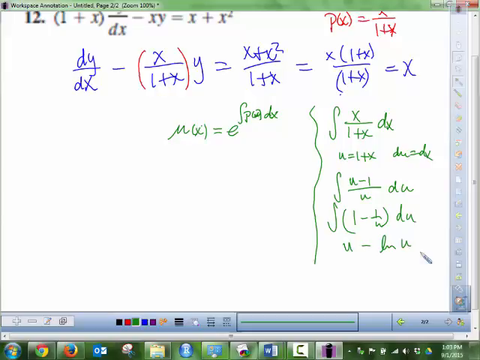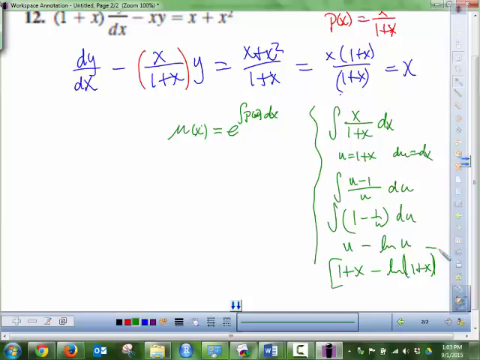And remember the plus c's here, it doesn't matter because that's going to merge somewhere in the big plus c later on, so let's ignore the plus c as well. And let's throw it back with x's in it. So it'll be 1 plus x minus ln of 1 plus x. Oh, did I just say ignore the absolute values? I want it to be absolute values.